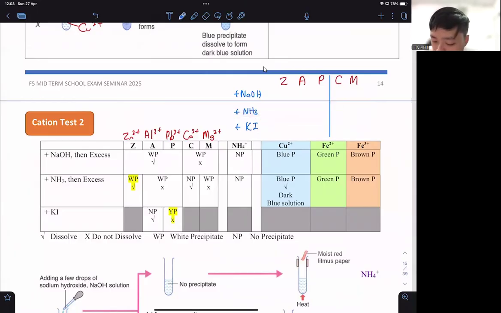Then what happens? Remember the WW one. So W, W, then I split the Z and AP. Then I split the C and M. Then I add all the P, the precipitate.